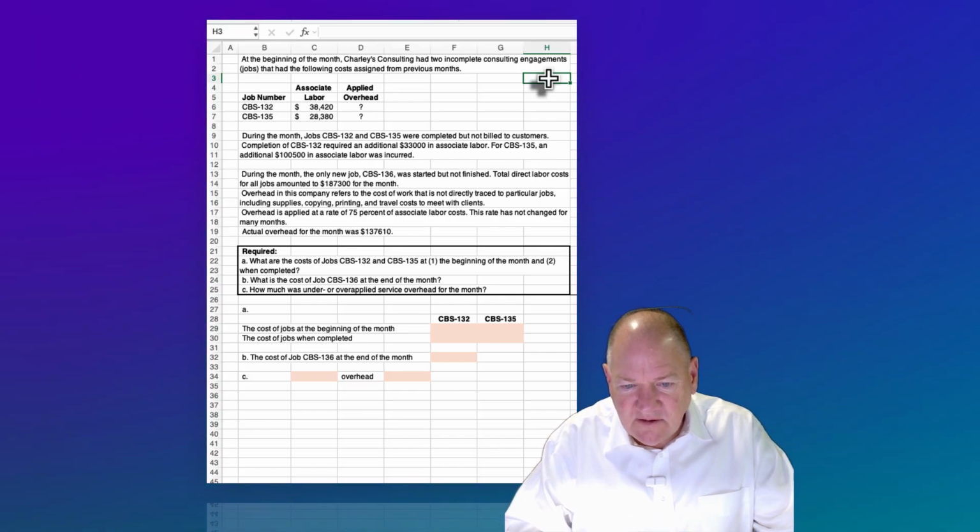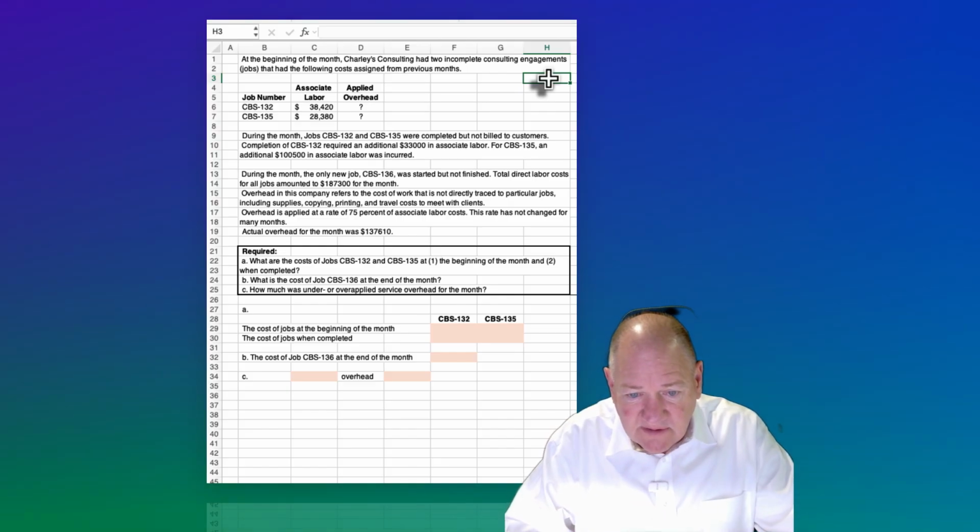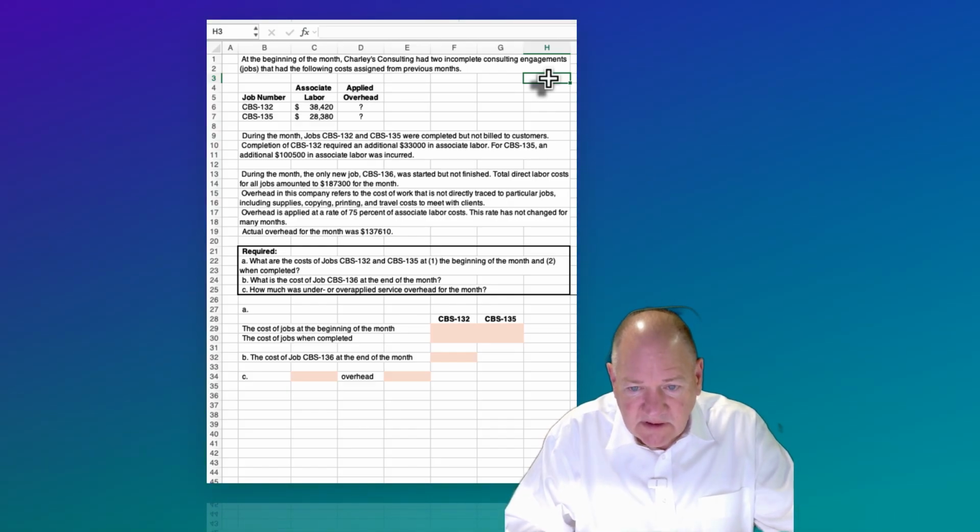What they've asked us to do here is to say what are the costs of jobs 132 and 135 at the beginning of the month based on the associated labor that they gave us, and when those jobs are completed, because they've told us there was additional labor incurred on those jobs. Part B, what's the cost of job 136 at the end of the month?